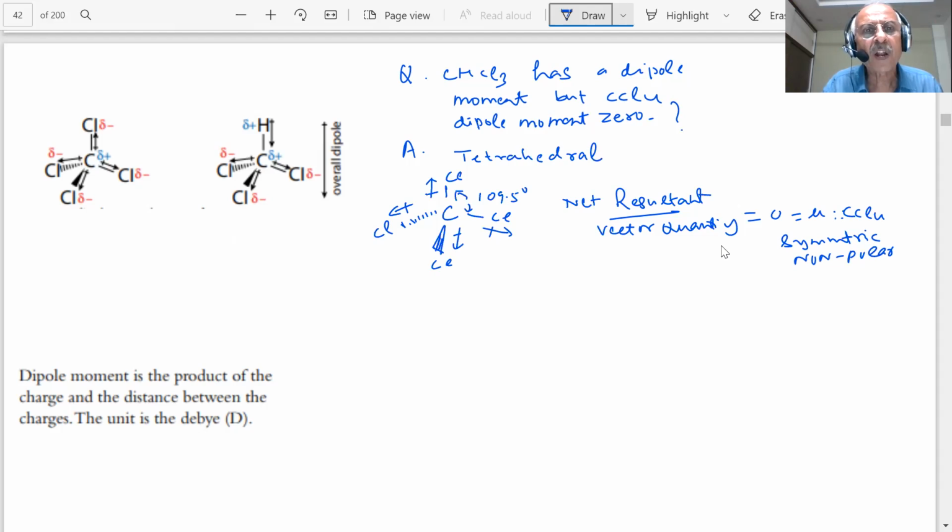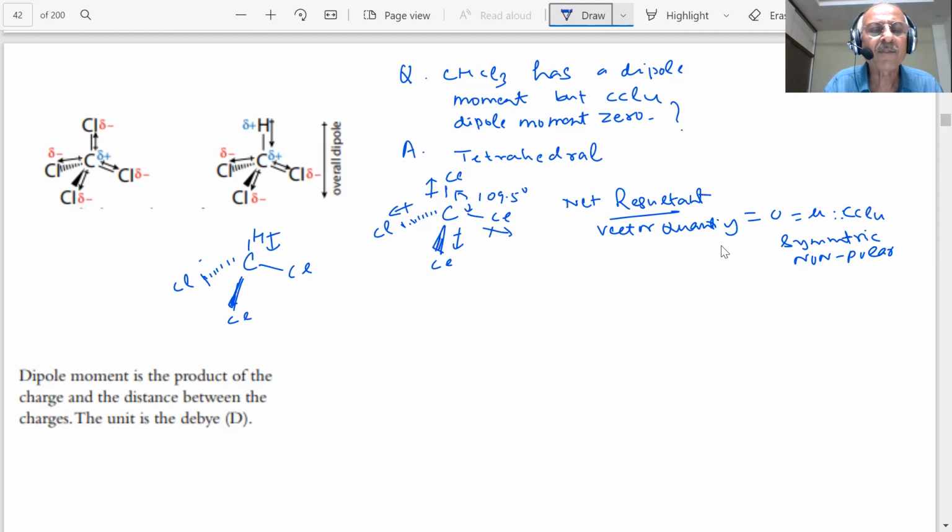How will you draw CHCl3? If I write this, these two are in the same plane. This is towards the observer, the dark wedge, and the dashed wedge means it is going away from the observer. In this case, this is hydrogen, and this is pointing towards this.